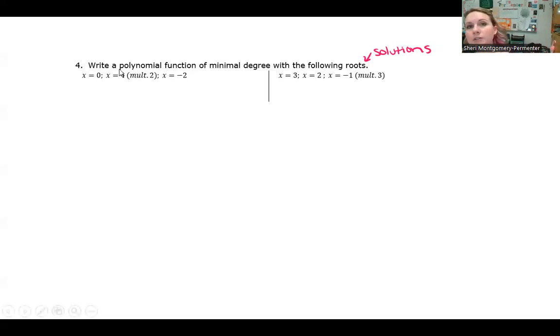So we have minimal degree, which for these we don't even have any freedom because it tells us, with the following roots. Remember, a root is just a solution. So all we're going to do is write a function. If it's a function, they both have to start with f of x. And for these, all we're doing is working backwards. If I tell you that x is equal to 0 in the problem, what does it look like?